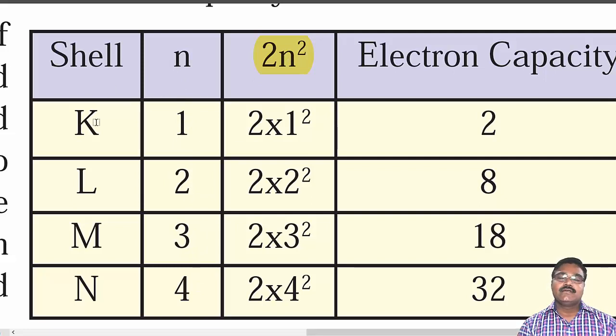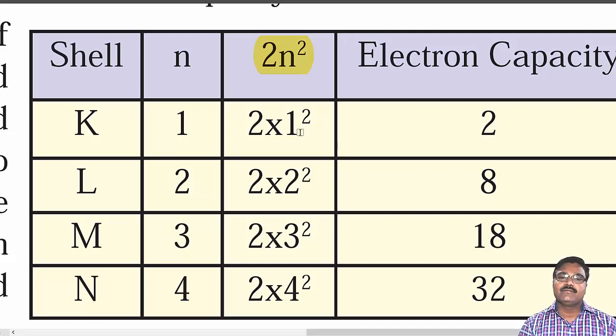That means shell K will have n equal to 1, L will have n equal to 2, M will have n equal to 3, and N will have n equal to 4. If you put the value of n of the respective shell, we will get the electron capacity.